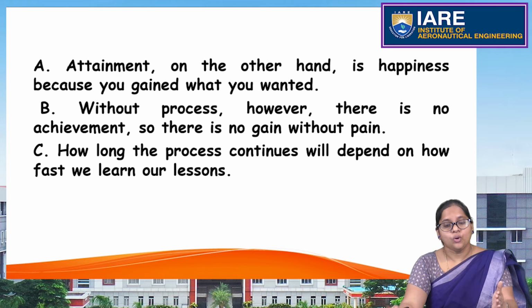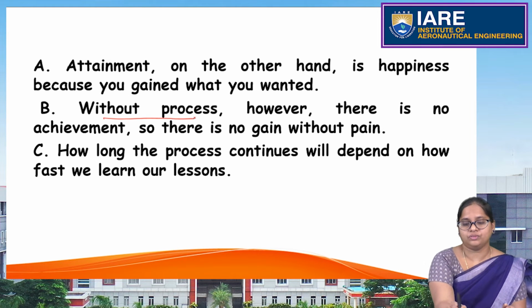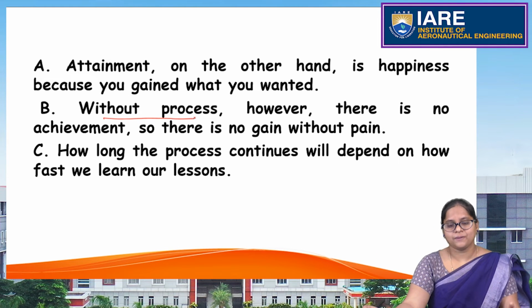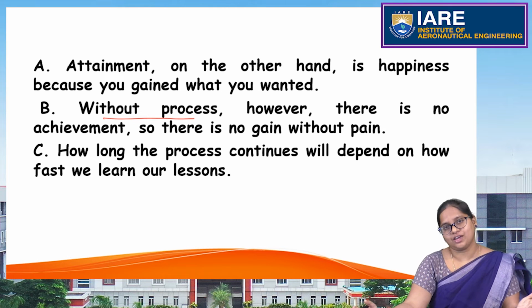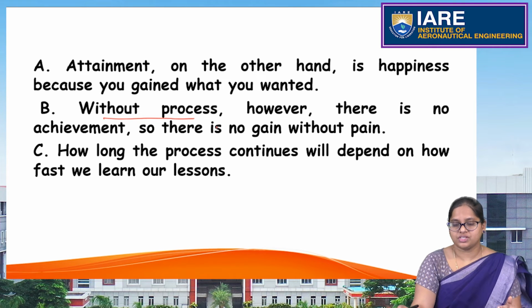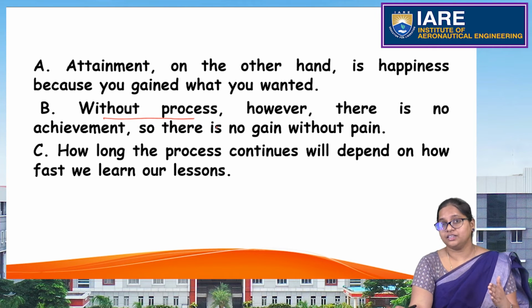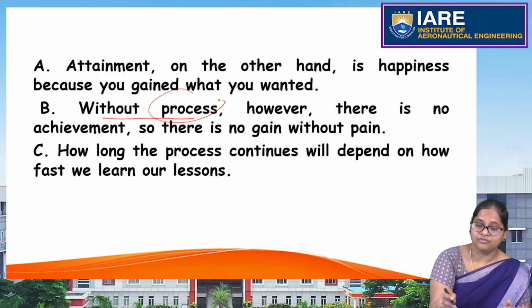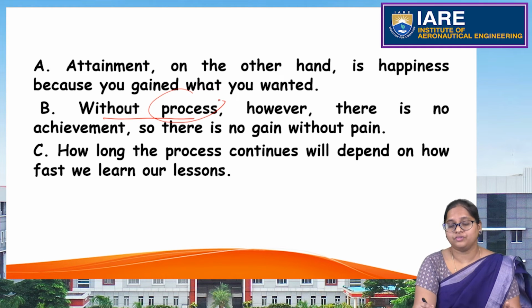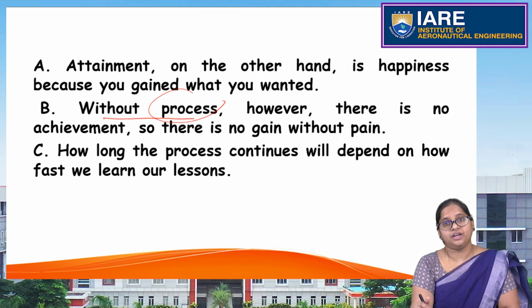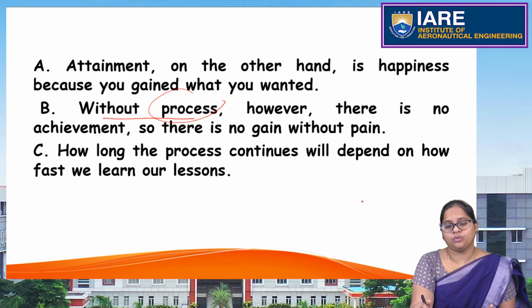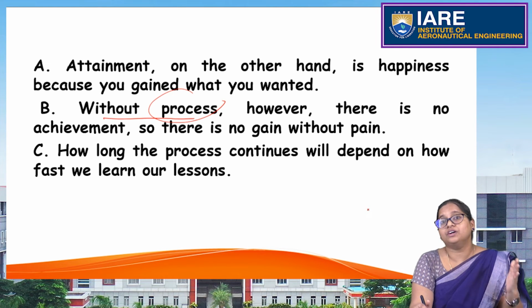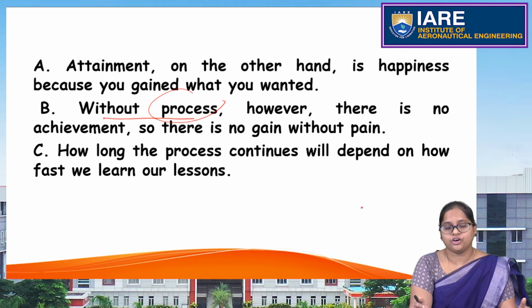Now, will this be the continuation of it? Let us understand. Without process, however, there is no achievement. So there is no gain without pain. Another thing: even the same word in the previous paragraph was repeated and we got the clue. But here the same word is repeated in two paragraphs, so it is further confusing. Now how do you decide on that?